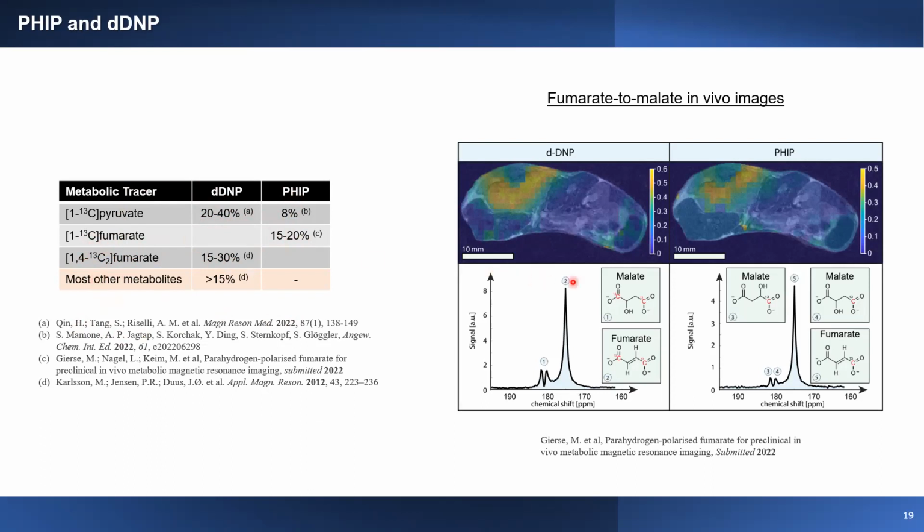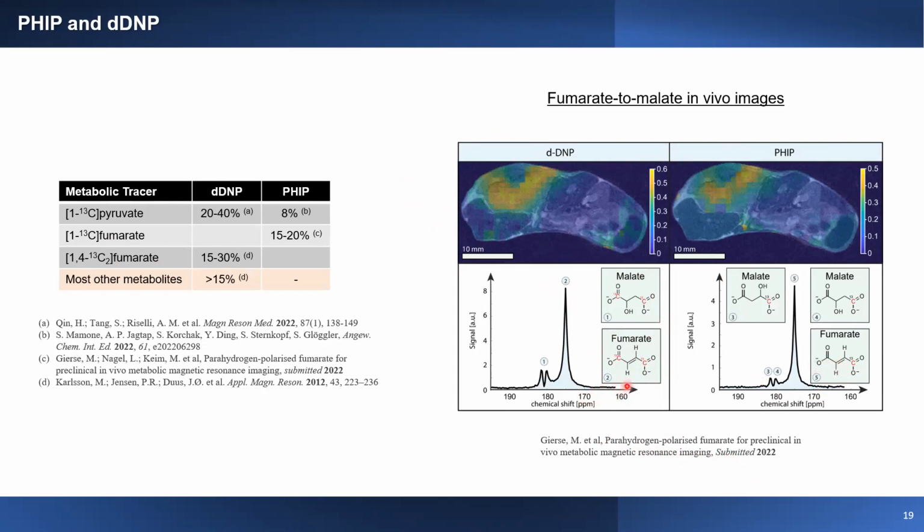I can, oh yeah, perfect, that's shown here, nice. So with fumarate, it's a symmetric molecule, and we can have a carbon-13 on both sides or on just one side. And in these images here, this is a paper that's currently submitted work from Envision in Ulm in collaboration with TU Munich, where they compare PHIP and dissolution DNP for in vivo imaging using hyperpolarized fumarate.